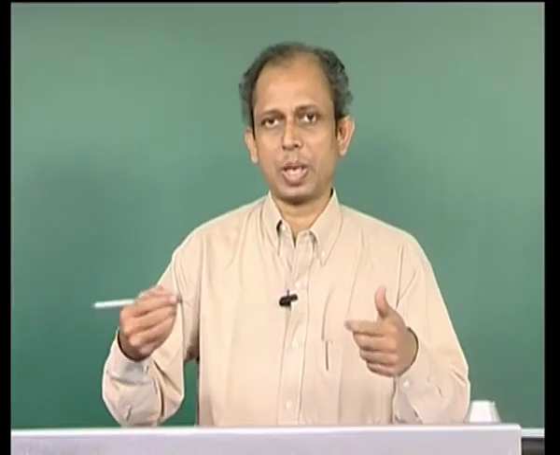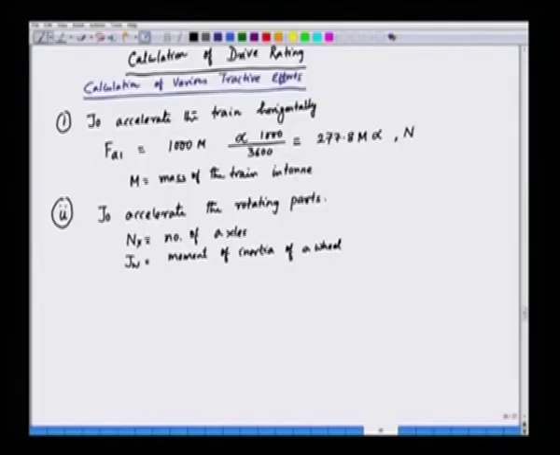Each axle will have 2 wheels. So if we have nx axles, we have 2 into nx number of wheels. So the effective inertia for all the wheels will be 2 nx into Jw. So we call that to be J1. So J1 is the moment of inertia of the wheels that is equal to 2 into nx into Jw.